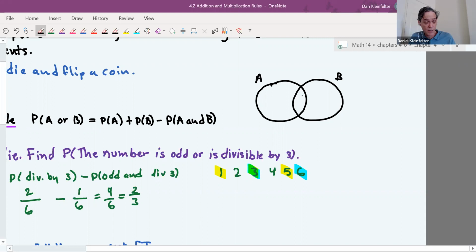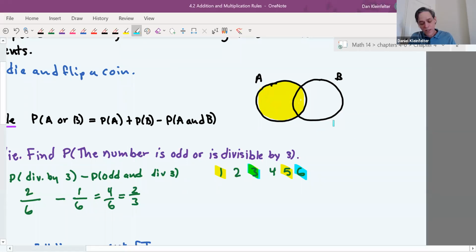That would be the overlap between the 2 sets. We could consider the elements that are just in A alone, or are in B alone, or in neither. So when we're looking at A or B, that would be all the elements in set A.